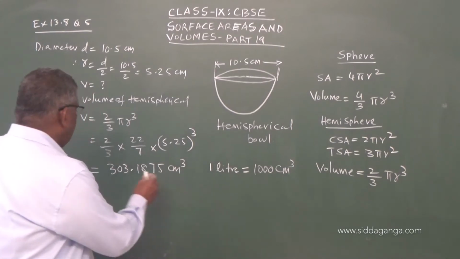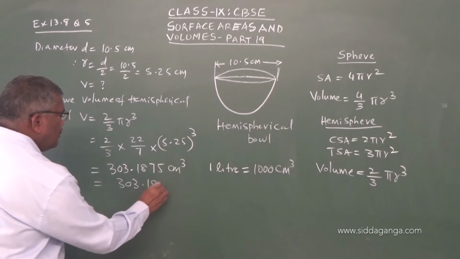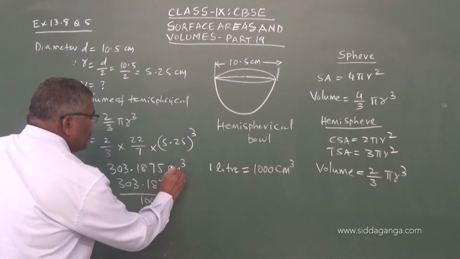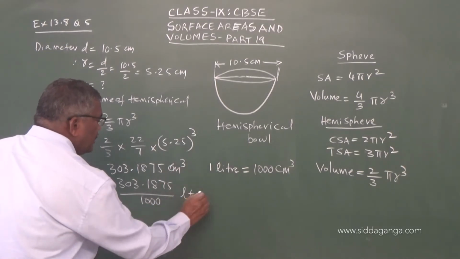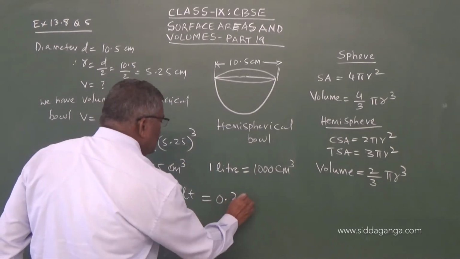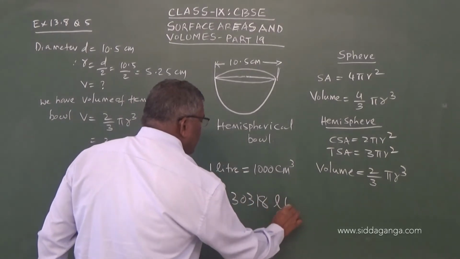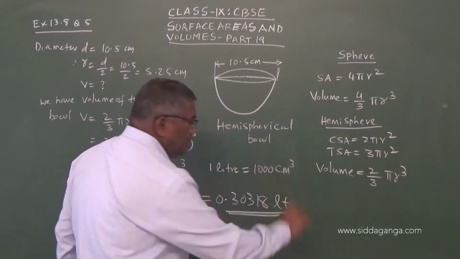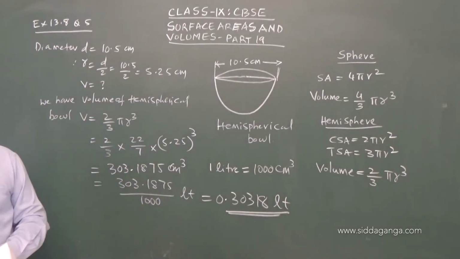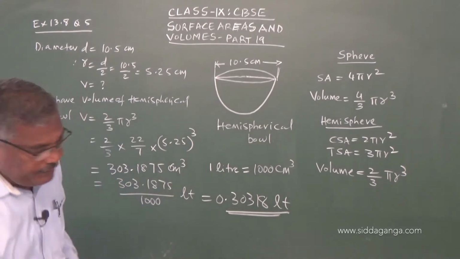This equals 303.1875 by 1000. Instead of centimeter cube I will write liter. This equals 0.30318 liter. So this much liter the bowl will hold. So this completes question number 5.